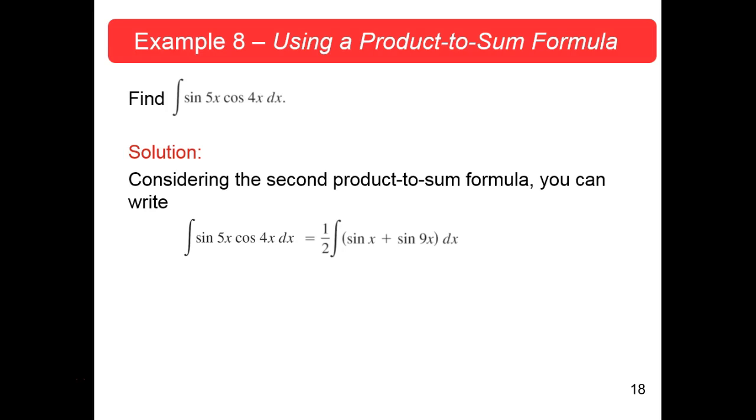Sine x plus sine 9x dx, and that's 1/2 of negative cosine x minus cosine 9x over 9 plus c, which is negative cosine x over 2 minus cosine 9x over 18 plus c. Done.